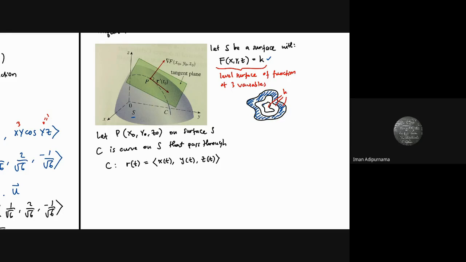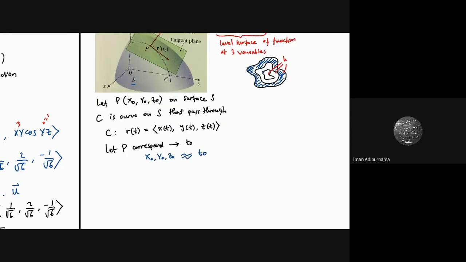Okay, and then let P also correspond to t0. So x0, y0, and z0 correspond to t0. So when t is equal to t0, the coordinate is (x0, y0, z0).